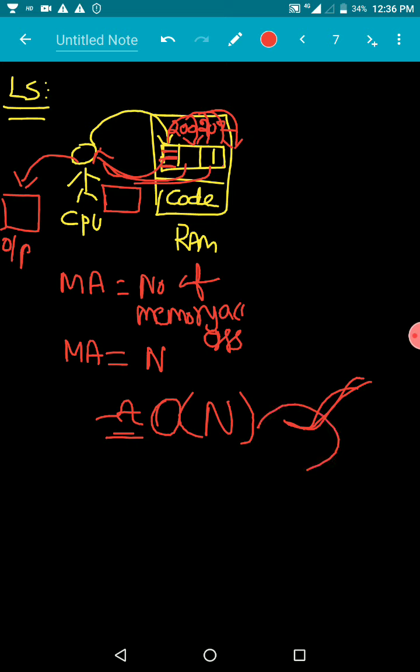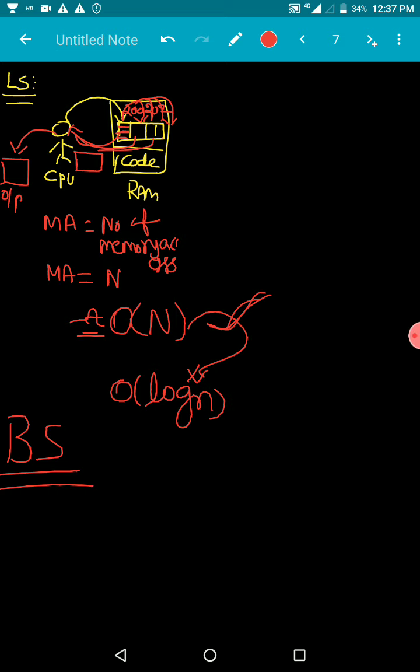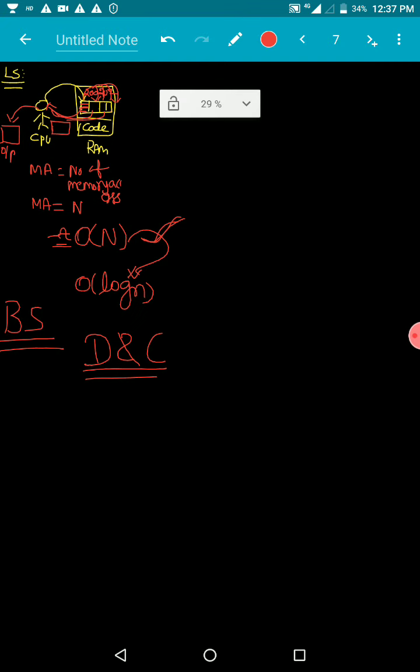Can I reduce order of n to order of log n? Yes, we can reduce it using binary search. Binary search uses the divide and conquer approach, so we can reduce the searching time from order of n to order of log n.